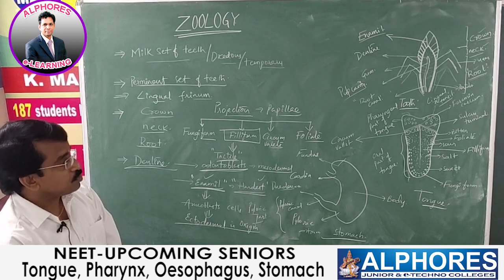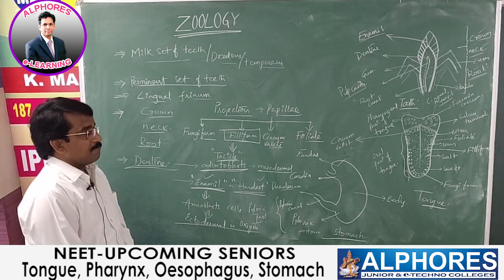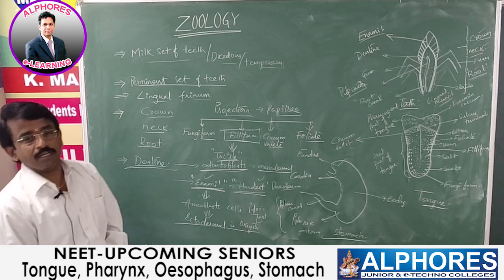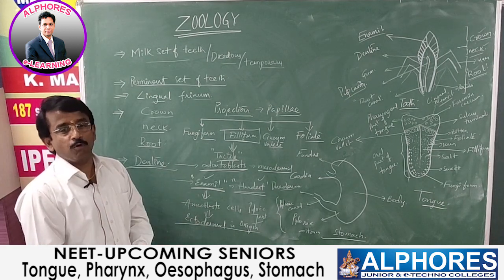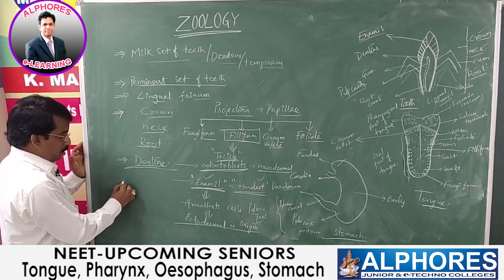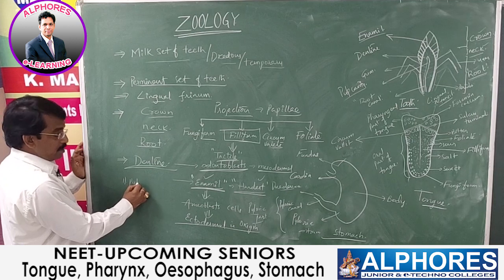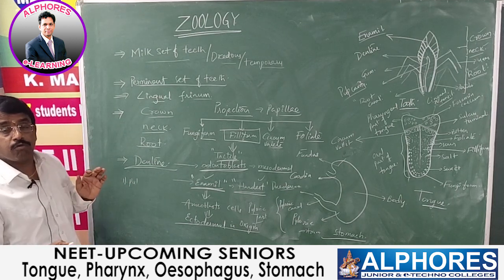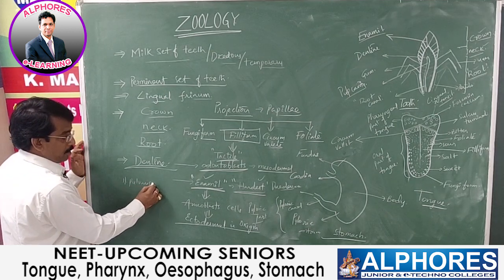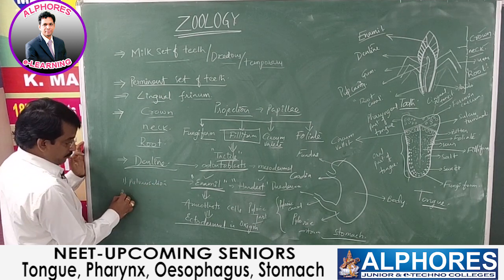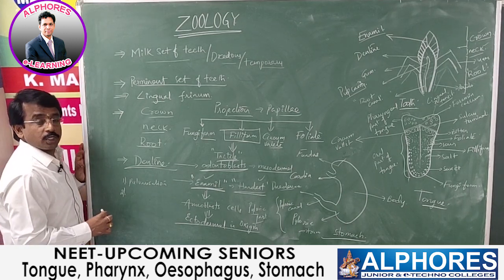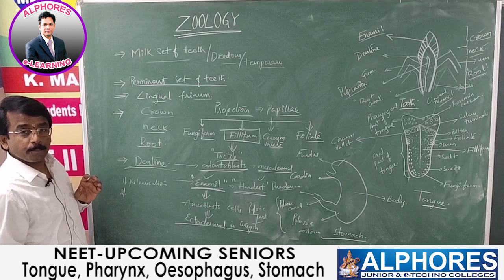Next, the tongue functions. The tongue is for pulverization. When we take food, it is pulverized. Functions of the tongue include pulverization and mixing of the food with the saliva. It is the universal toothbrush, which cleans the teeth.